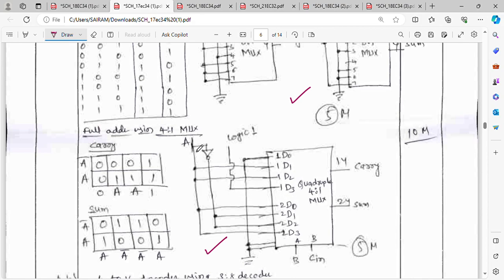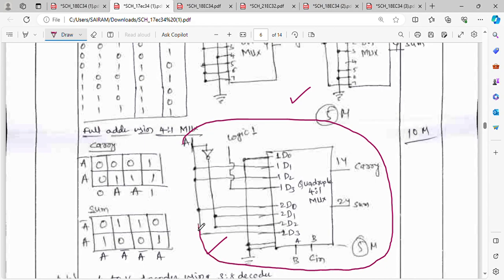You know we have already discussed the 2:4 decoder using the dual 74139, and what we did was convert it into a dual 2:4 decoder configured as a 3:8 decoder. In the same way here, two 4:1 multiplexers are clubbed together to form an 8:1 multiplexer. I hope you are getting it.